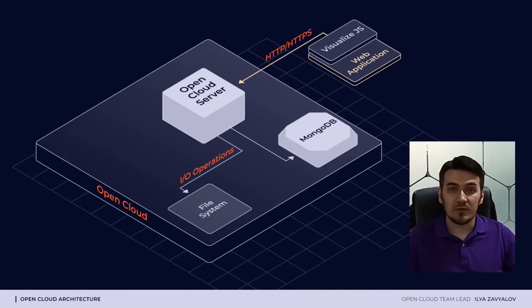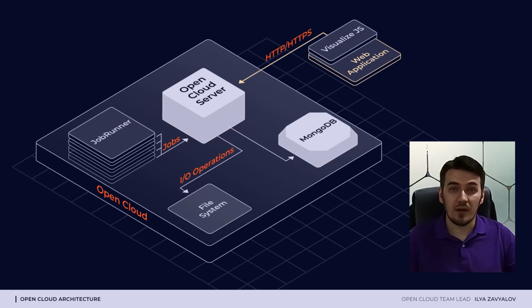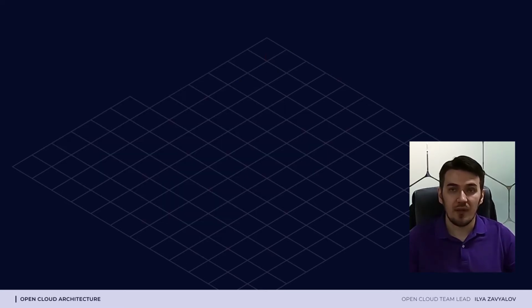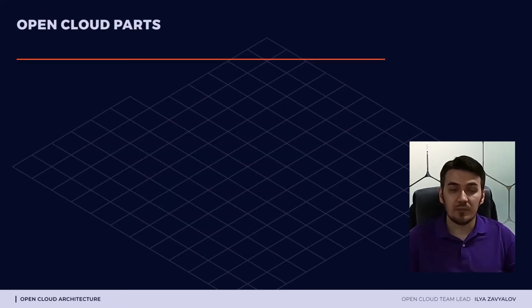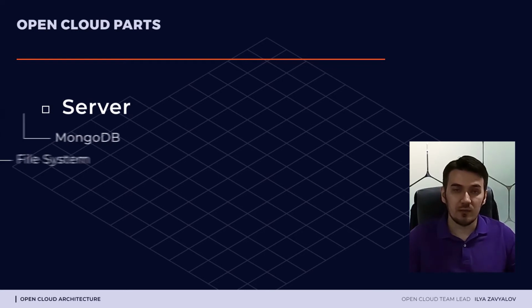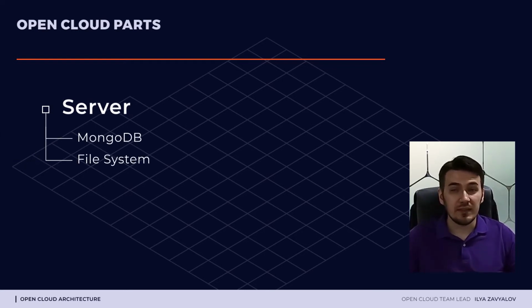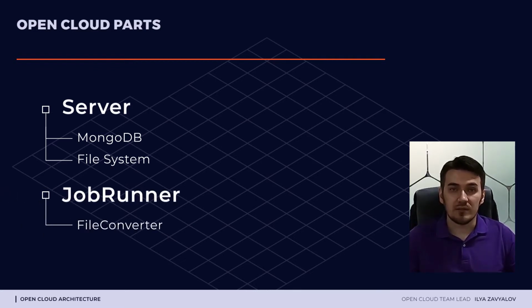The next important part of this project is the job runner application. It serves to perform the file conversion tasks. For example, the client application created a new task to convert user file from DWG format to geometry format. In this case, job runner will receive notification that a new task has been created.